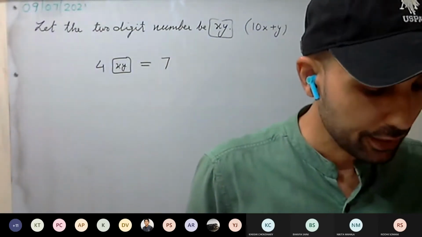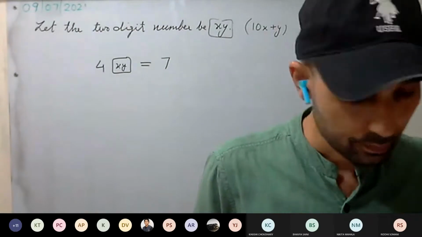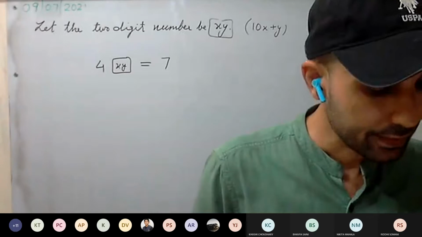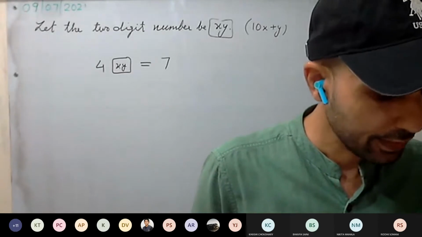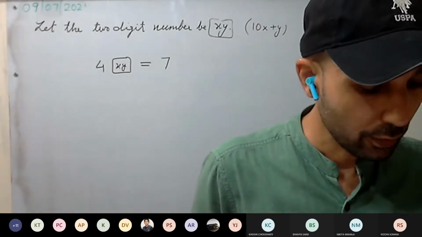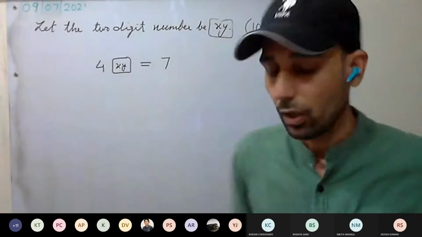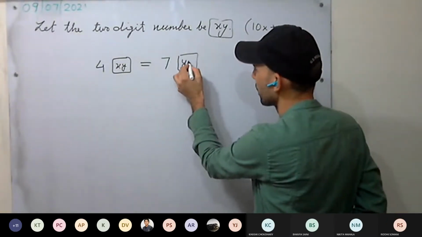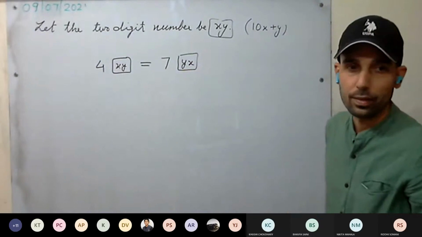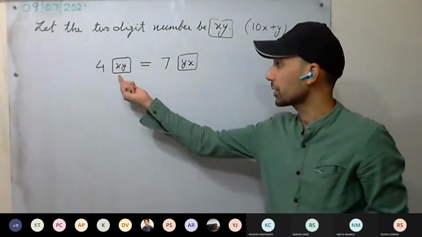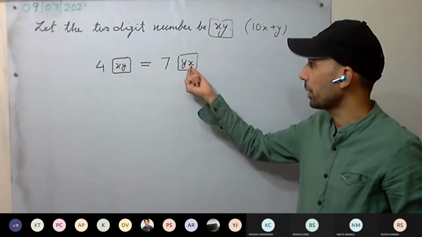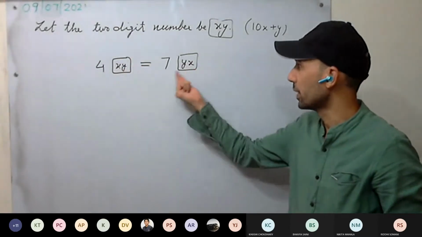The number obtained by interchanging the digits. 4 times a certain two-digit number is 7 times the number obtained on interchanging its digits. Obtained on interchanging the digits, this number will be what? yx. This you understood.